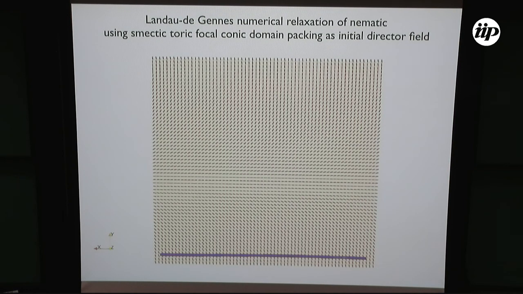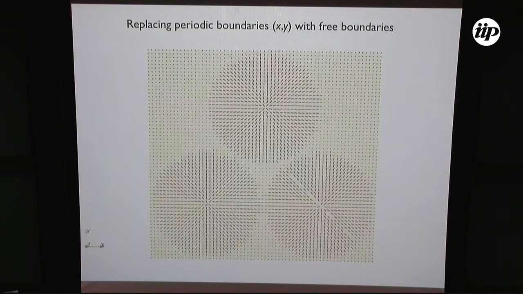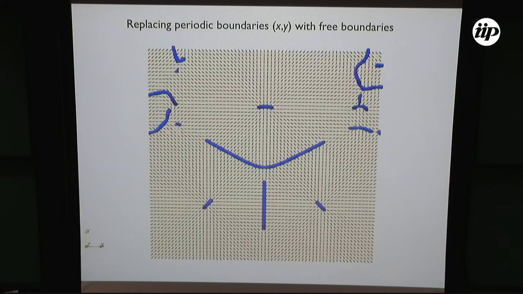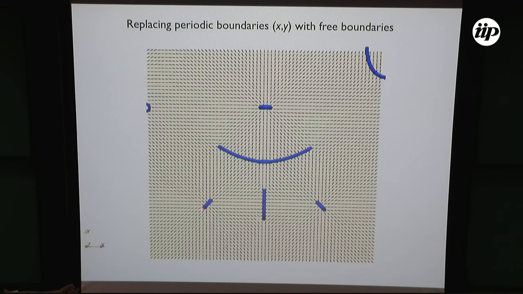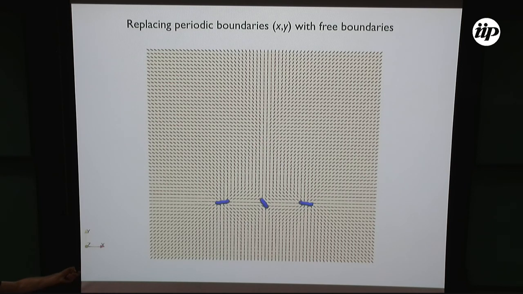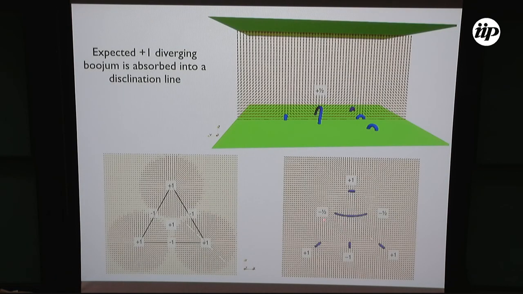And there's these system-spanning disclination lines, but let me now take away the periodic boundary conditions and replace them with free boundaries. And I wind up with 3 +1 Boojums, 1 -1 Boojum, and a disclination line, which if I freeze time here, has -1/2 cross-section in the plane, but +1/2 cross-section in the opposite plane.